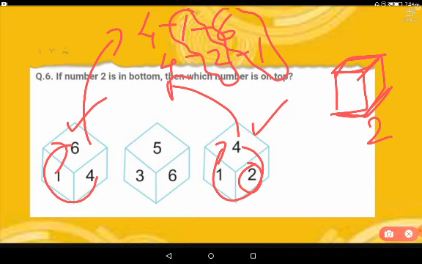That's the idea. So what will be on top is 1, because 2 is at the bottom side. So the face opposite to the face having the digit 2 will be 1. Clear?